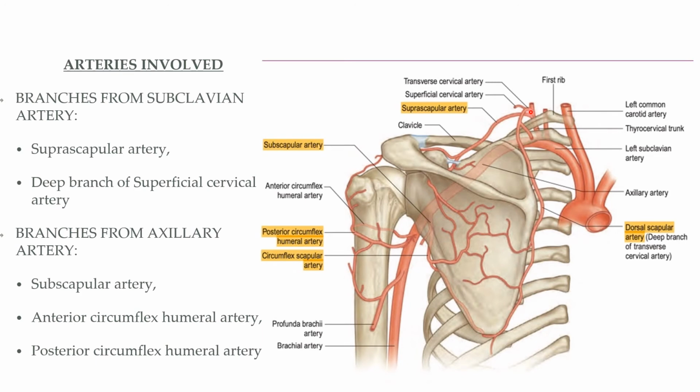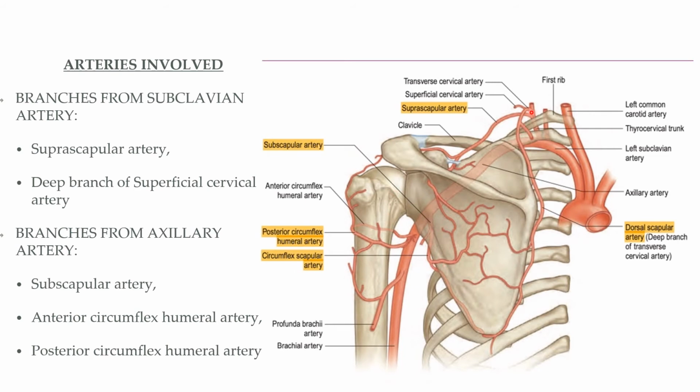The deep branch of the transverse cervical artery descends down parallel to the medial border of the scapula, and then it gives branches which reach the dorsal as well as the ventral surface, that is costal surface of the scapula, in order to anastomose with the subscapular and circumflex scapular artery, which is the branch of third part of axillary artery.